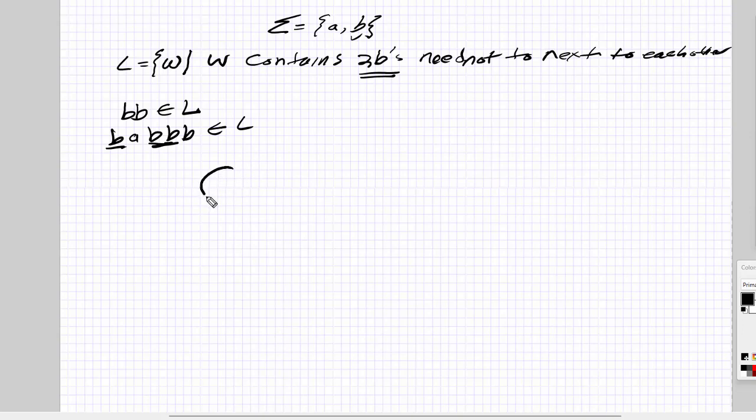Okay, so here we go. We start with the starting state. If I read an A, I'm not interested in the A, so I stay on the same state. If I read a B, I go to this state.